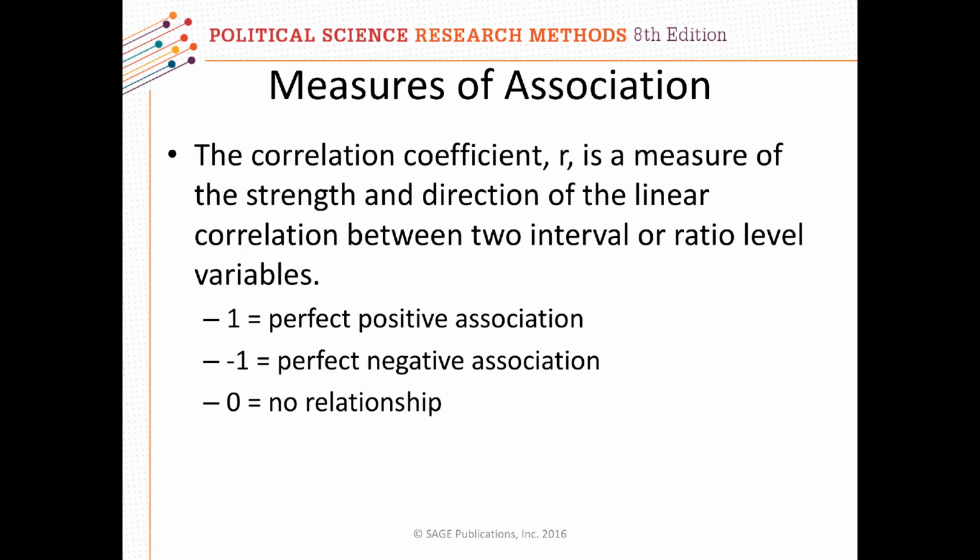Gamma, in a sense, you could think of as a correlation for categorical variables, and correlation is correlation. To use correlation, you need two continuous, or let's just say interval or ratio level variables. 1 is perfect positive association, -1 is perfect negative association, and 0 means no relationship.